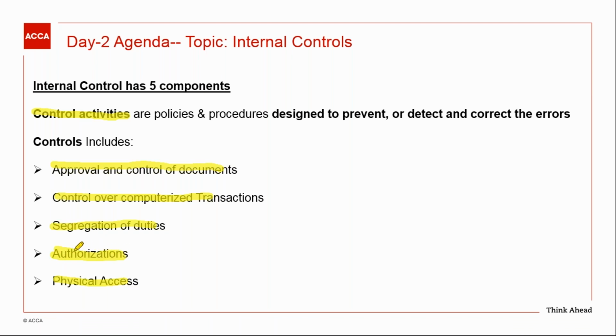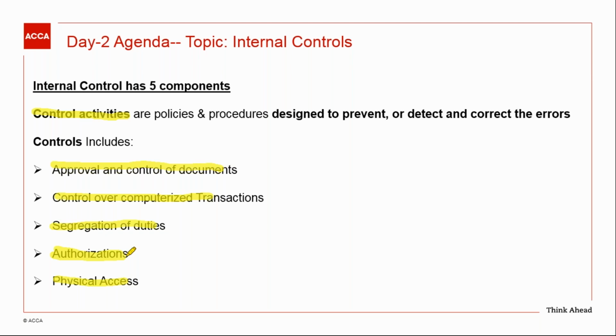The security guard authorizes the person after their clearance so that he or she can enter into the premises of the organization. So we have authorized that security guard. So control activities help us in achieving the control objectives. Now, don't worry if you do not understand, I'm giving you one more example.